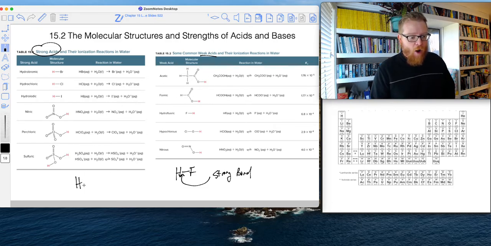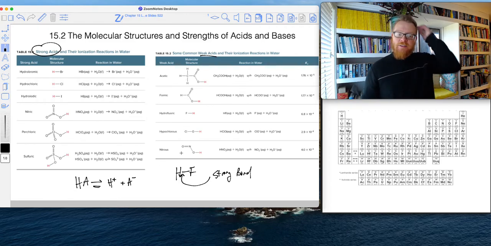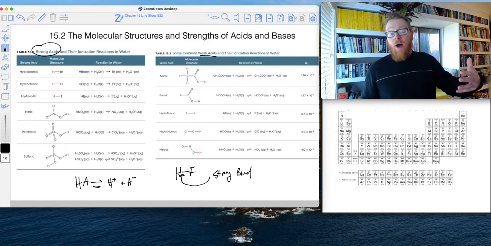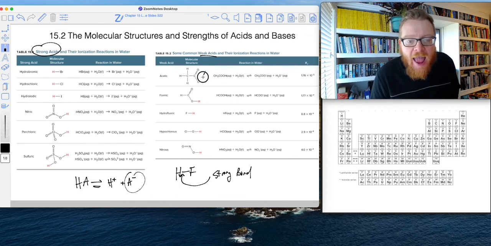So we remember all of these are HA, where it becomes H plus and then A minus. So then now for some of these more complicated ones, it's really all about how the anion can attract electrons to itself and make that bond right there strong.